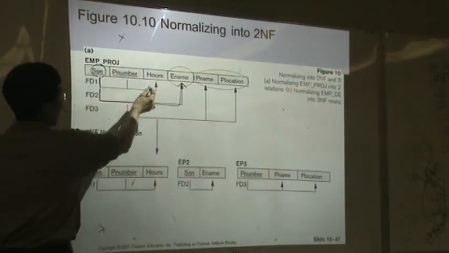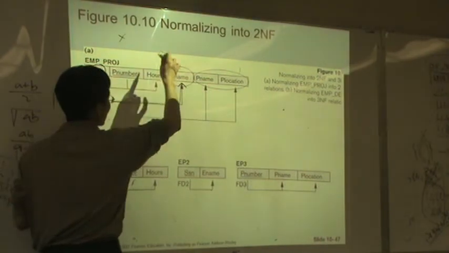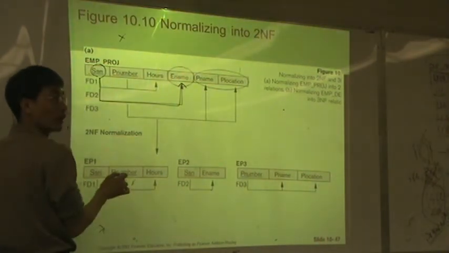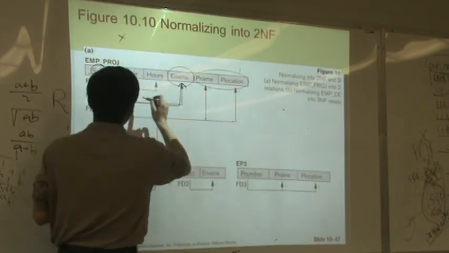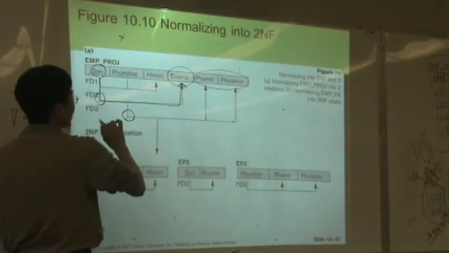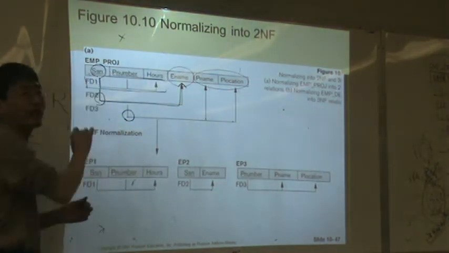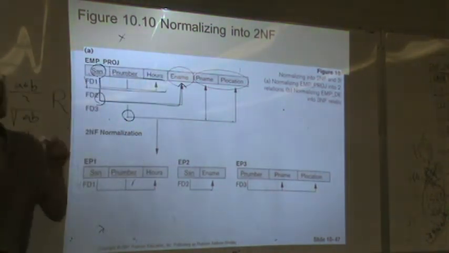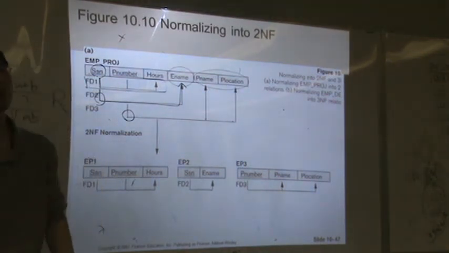However, the other attribute, social security number and project number, determine hours. Right? And also P number determines only P name and P location. This functional dependency is part of the first functional dependency. It's a partial dependency. So second normal form does not allow such a partial dependency.